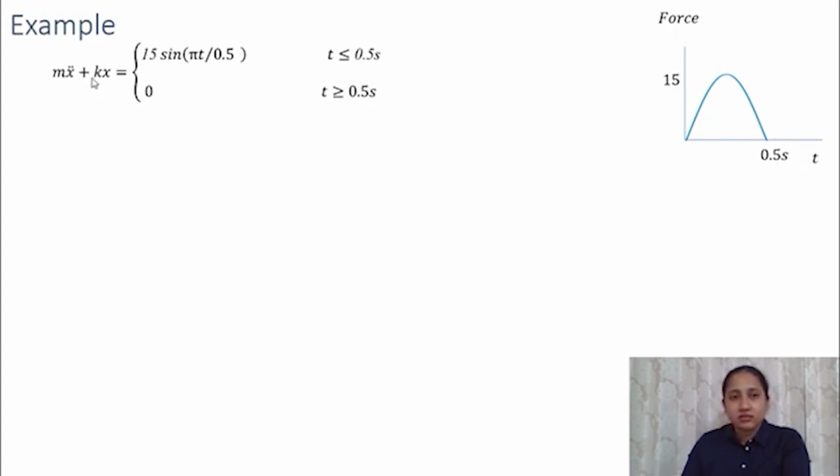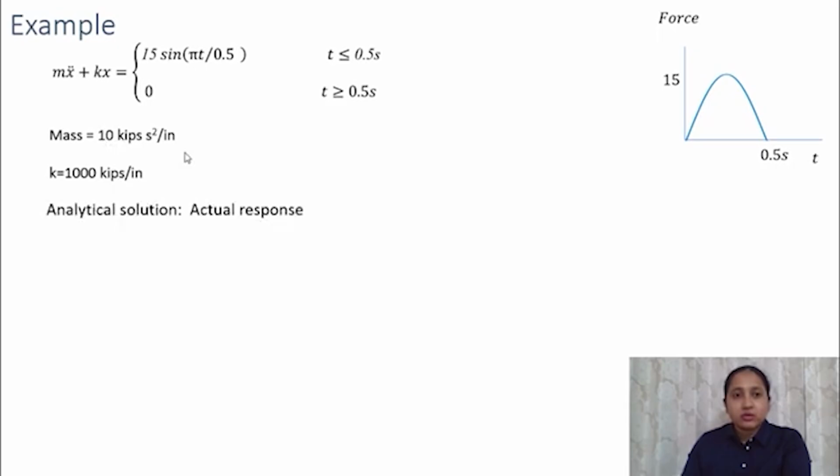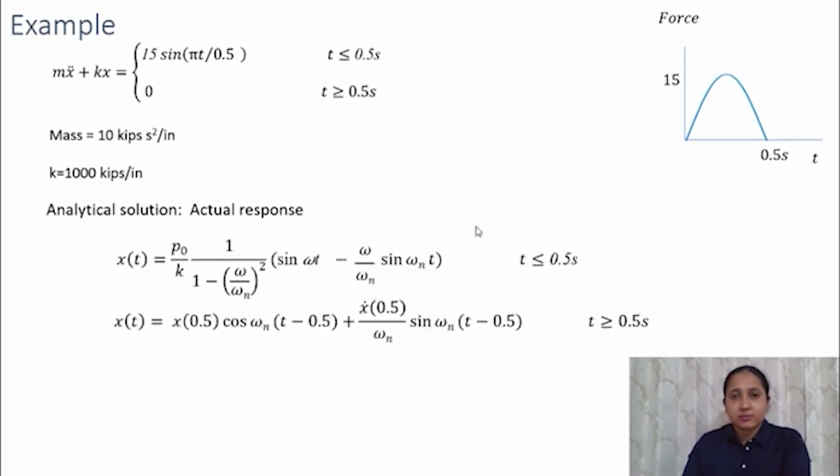And the mass and the stiffness of the system are given by this. So we know the analytical solution of this pulse response as we have seen in the previous lectures.